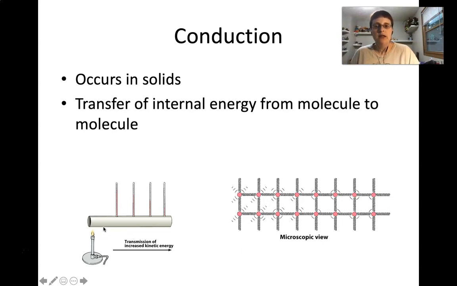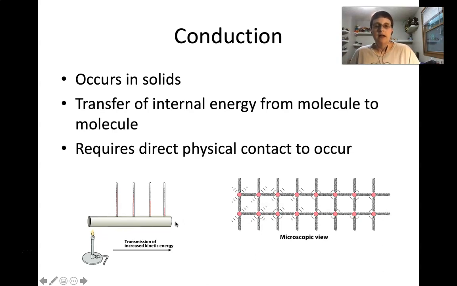That's how we can increase the temperature farther and farther down the material. Like I said, it requires direct physical contact to occur. If you have two different solids, one hot, one cold, they have to come in contact with each other in order for the heat to transfer via conduction.